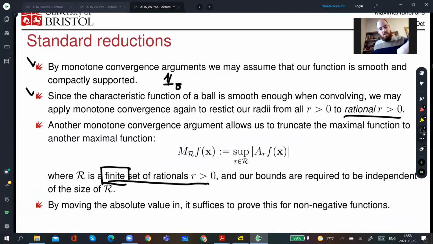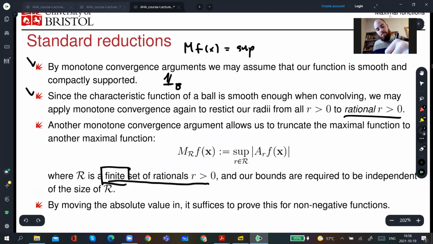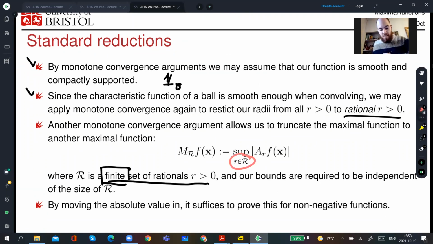Also, since our maximal function is defined as the supremum, well, actually it's written right here. So originally our maximal function was this, being all positive R, and now it's R in some finite set that we don't really have control over at all. It's just an arbitrary finite set of positive rational numbers.